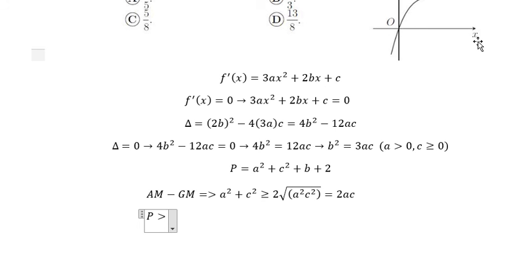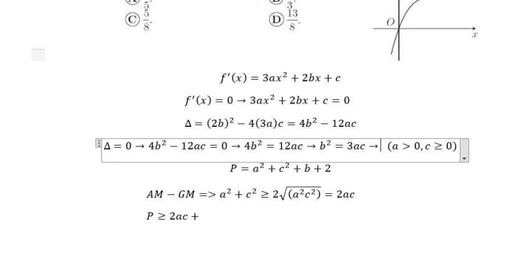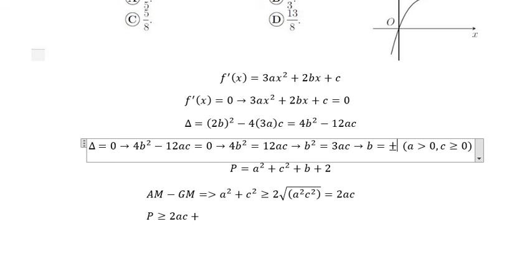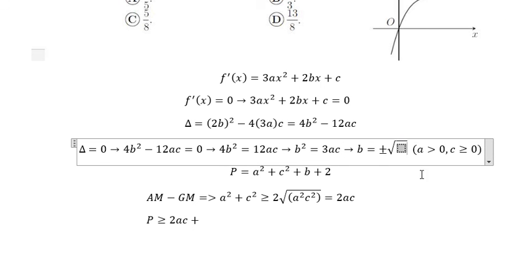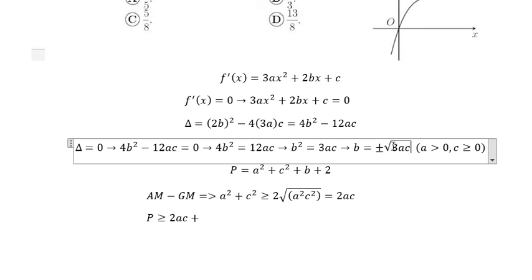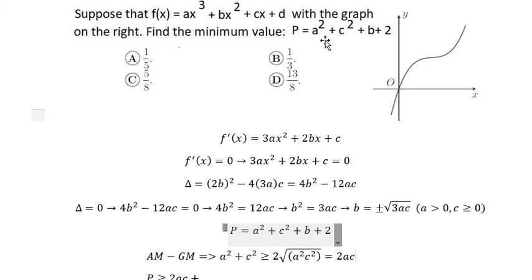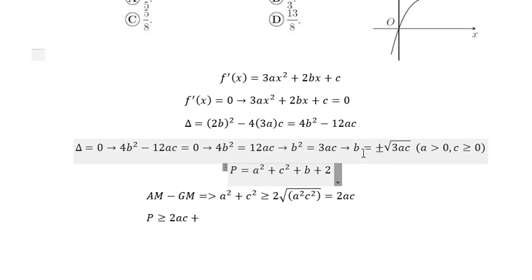For b, we have b squared equal to 3ac. So this means we can go about b equals positive and negative square root of 3ac. But we know that we want to find the minimum value, so we accept only the negative of the square root of 3ac.